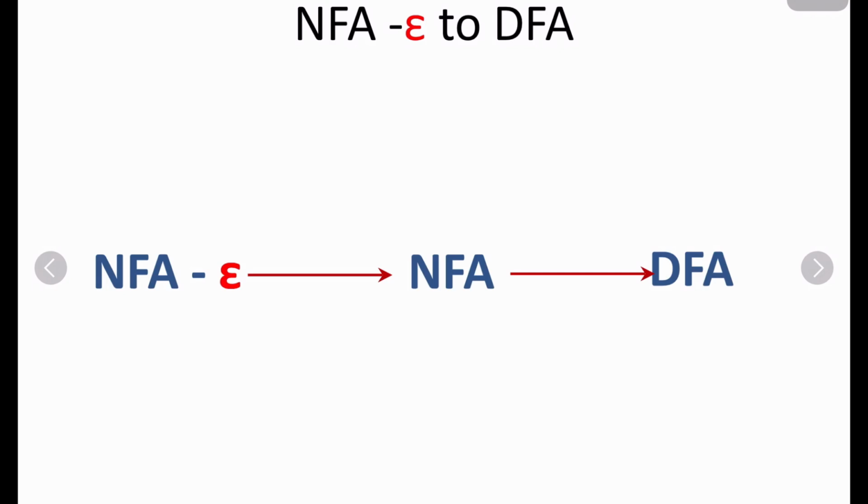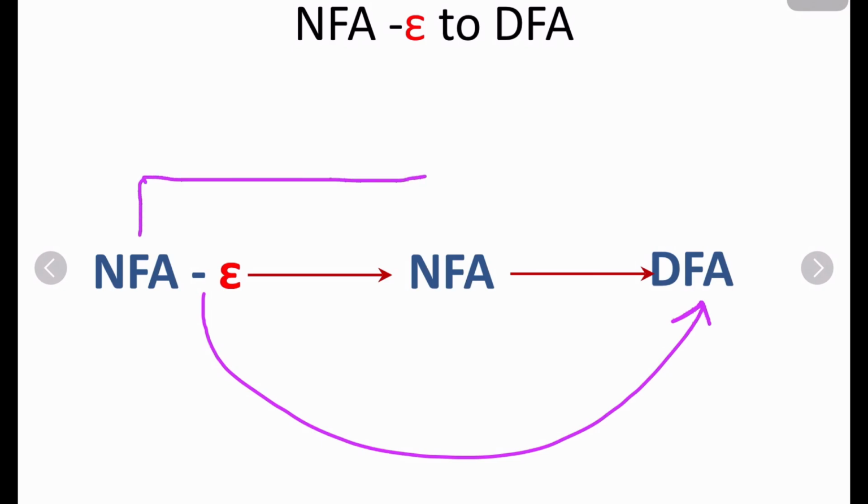I have done 3 to 4 videos on this conversion, but here I convert directly from Epsilon-NFA to DFA. In this one problem today, first you have to convert from Epsilon-NFA to NFA, then convert this into DFA, that is NFA to DFA.